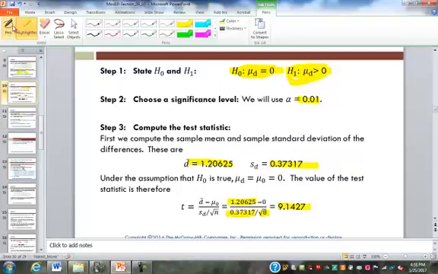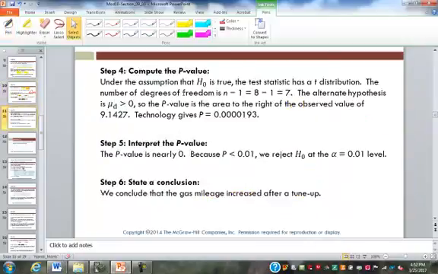Now our alternative hypothesis here is greater than. So on our curve, we're going to be looking at this tail up here. Well, 9.1427 is way out there. So let's take a look here, computing the p-value. Again, we're looking at this curve, and I want to know the probability of being greater than 9.1427.